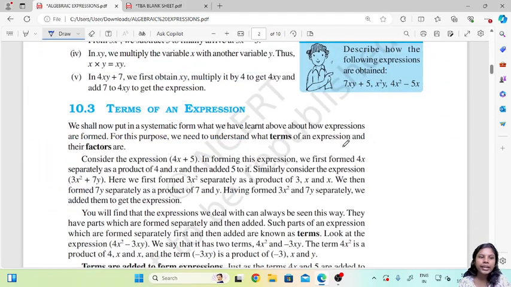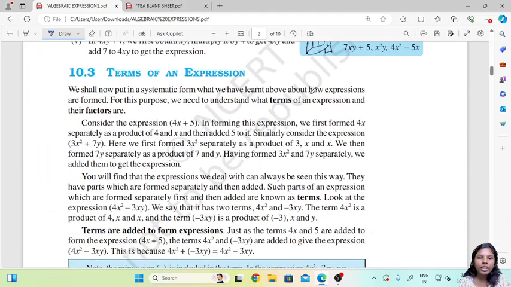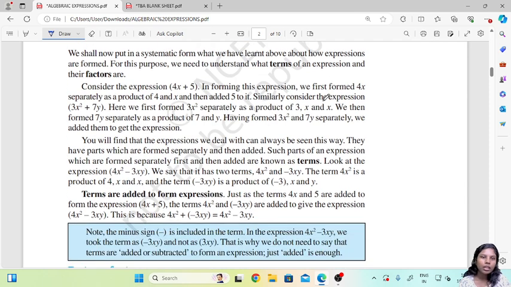So that is how expressions are formed. Now let's go ahead and see some of the terms of an expression. For this purpose, we need to understand what terms of an expression and their factors are. So we are going to learn two things here. One is the term itself and the other is factors. So consider the expression, say you have 4x plus 5.